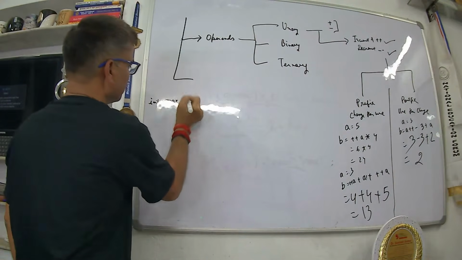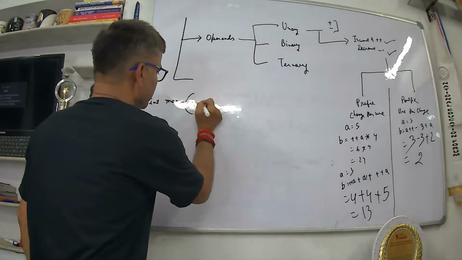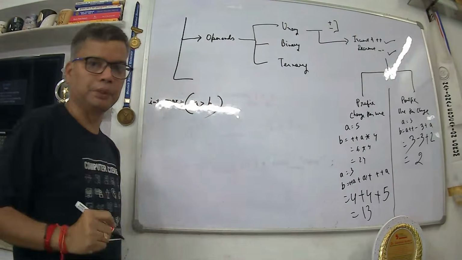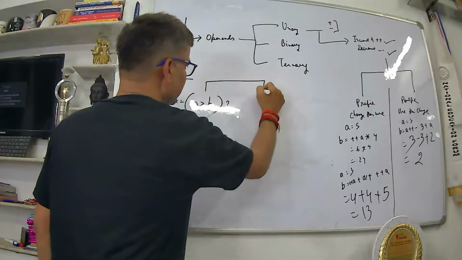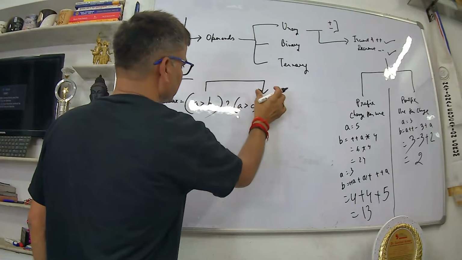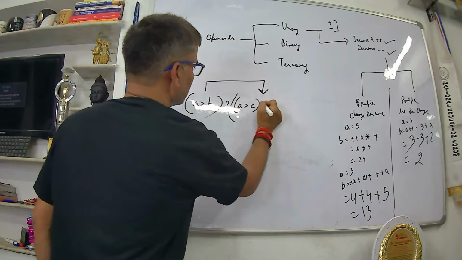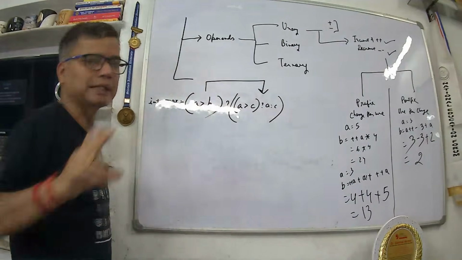Int max is equal to, I compare A and B. A is greater than B. If A is bigger, then again I ask, if A is greater than C, then question mark A colon C. Now this happens if A is greater than B.